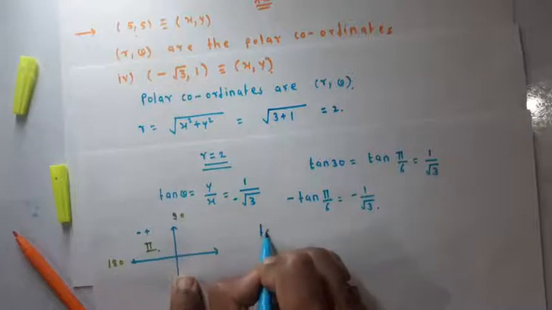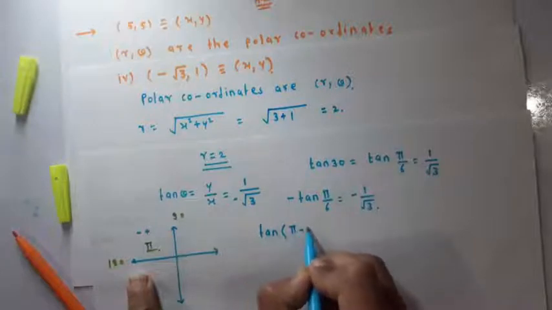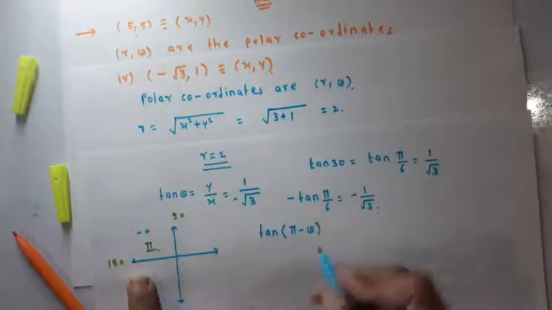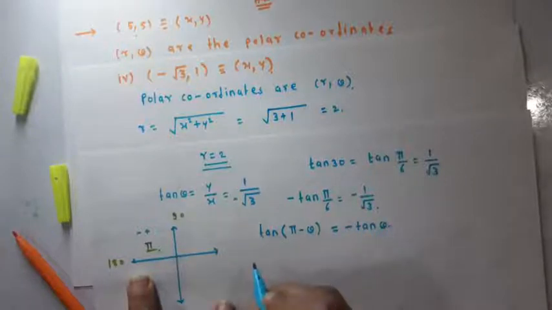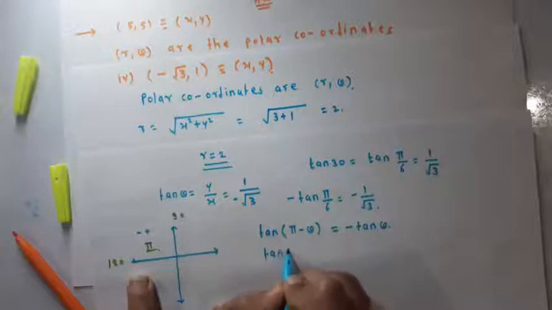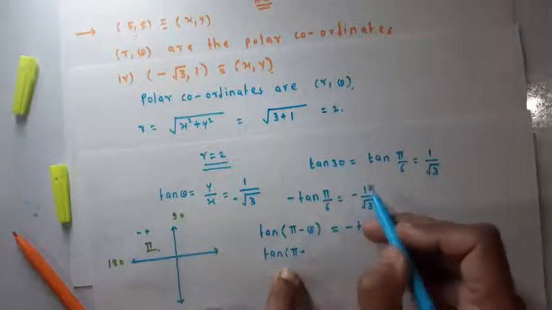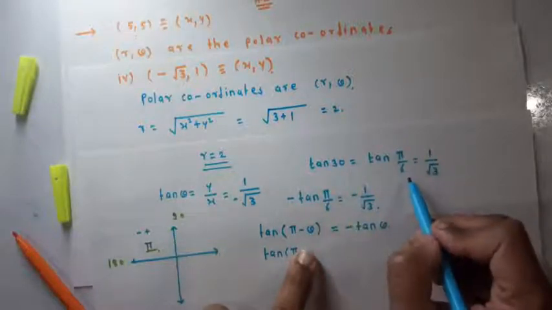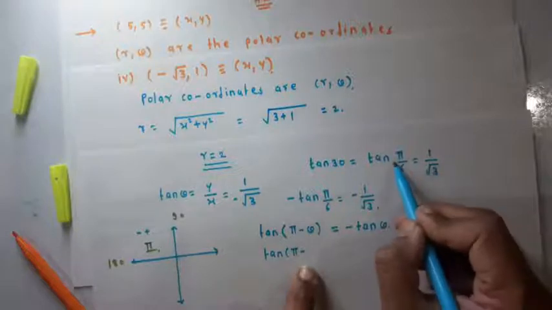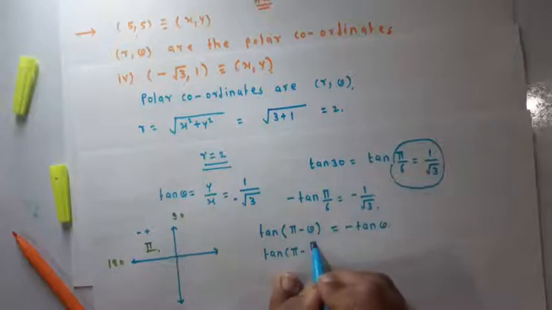So for the second quadrant we have the formula tan of pi minus theta, and tan of pi minus theta is minus tan theta. Pi means 180. What is the value of theta when the value of tan pi by 6 is 1 upon root 3? So here theta is pi by 6.